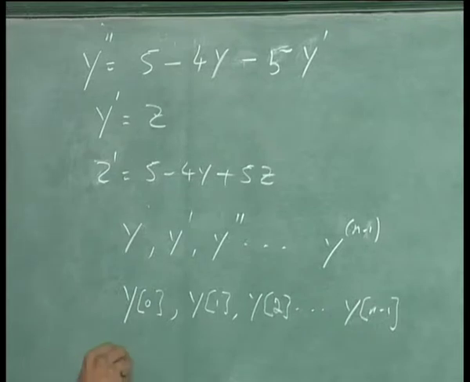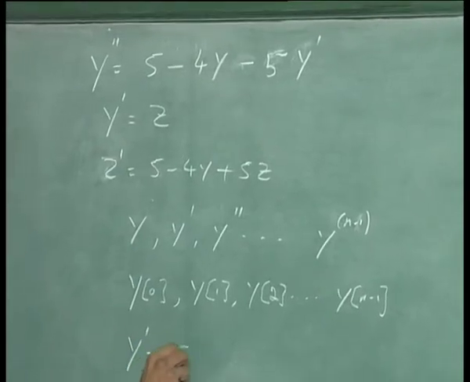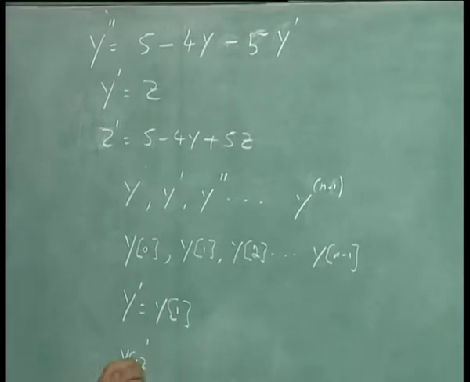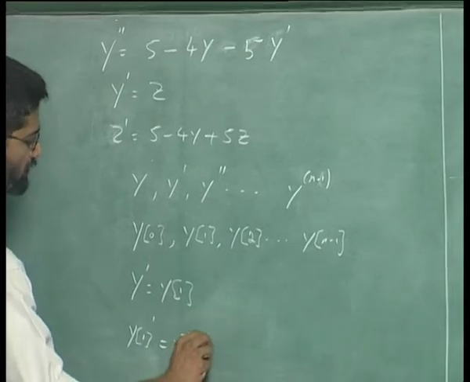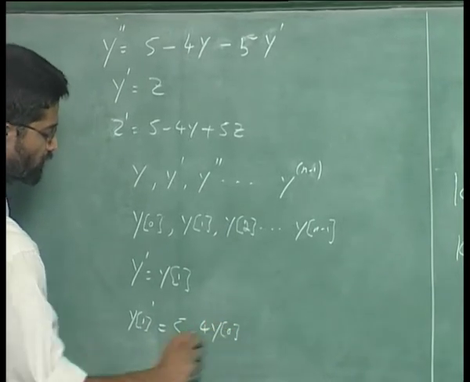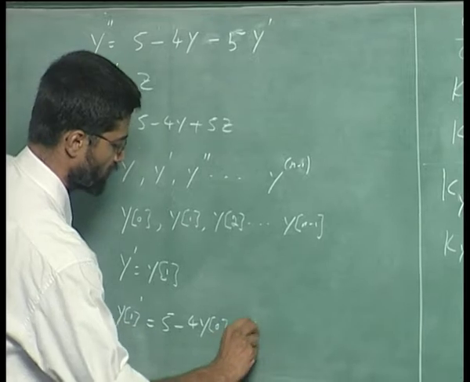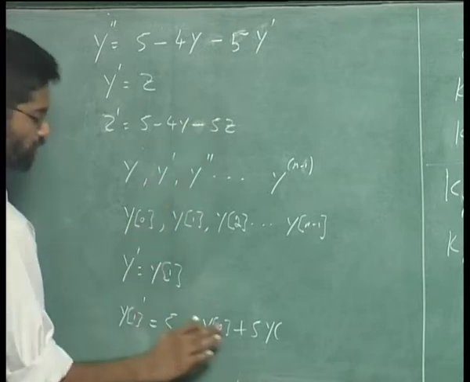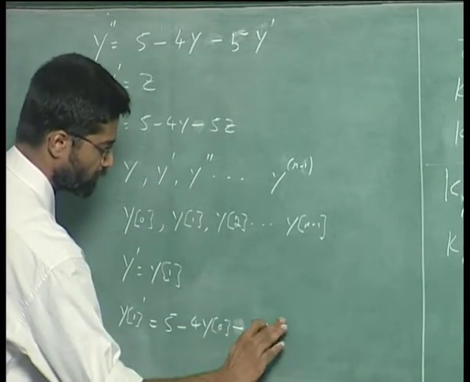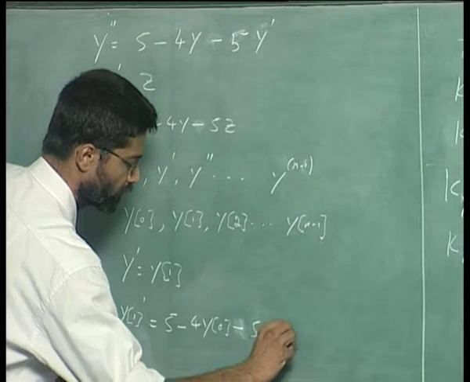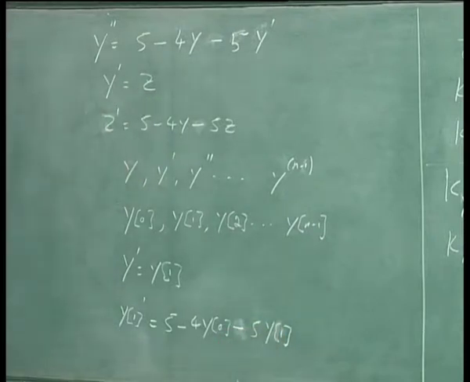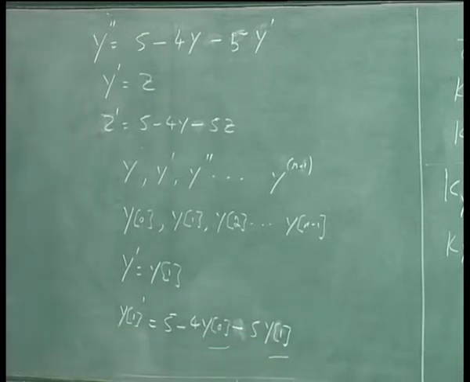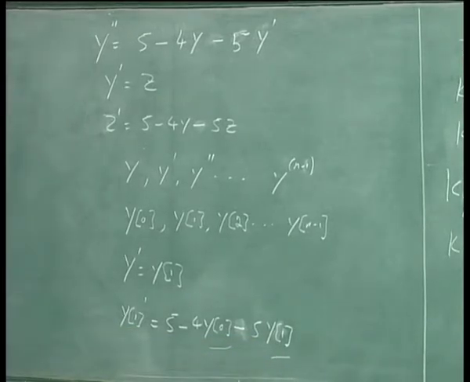So now my equation is y0 prime equal to y1, and y1 prime is equal to 5 minus 4y0 minus 5y1. That is the way we would write it. So y0 is y and y1 is the first derivative of y. That is the way I have written it here.